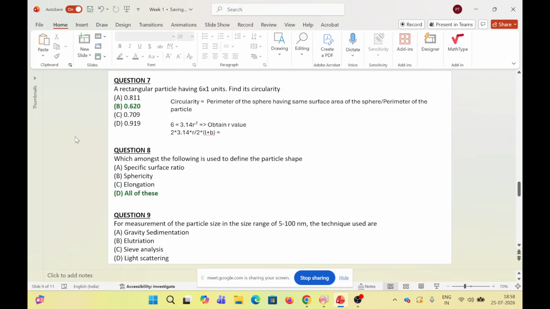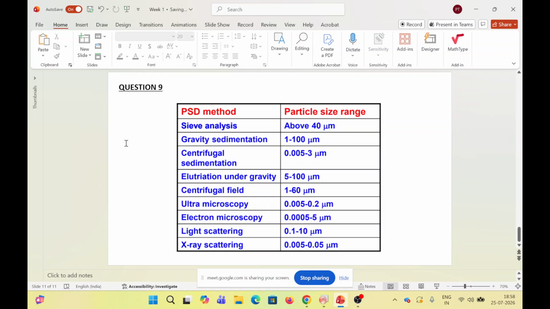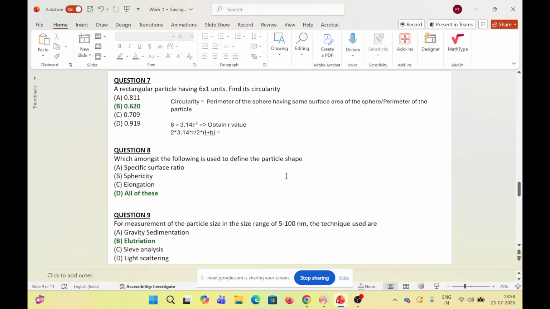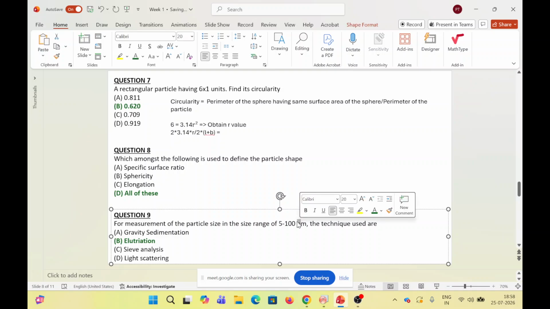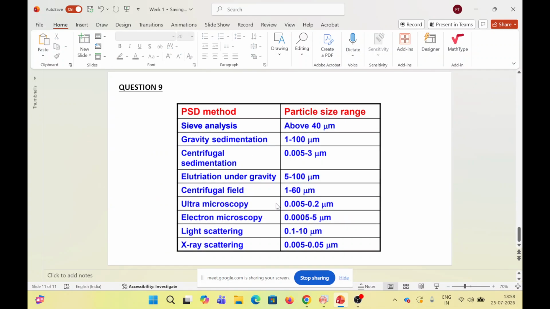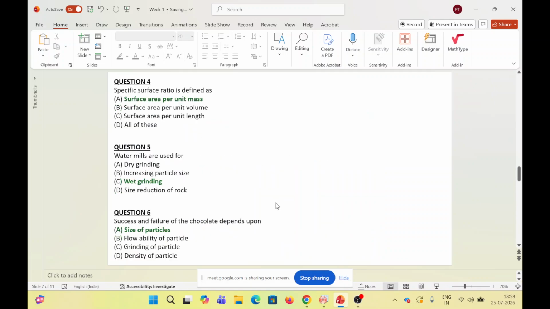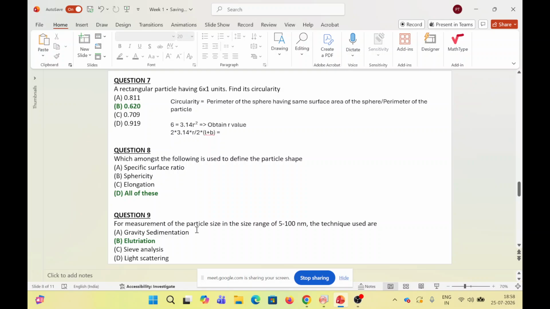Elutriation, sir. Elutriation. So this you can see from that table itself. Yes, sir. So let me show. So elutriation under gravity is, oh sorry, there is a mistake. It's micrometers. Okay. So this is elutriation.